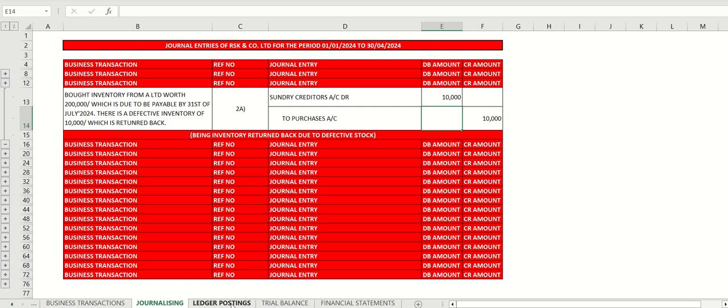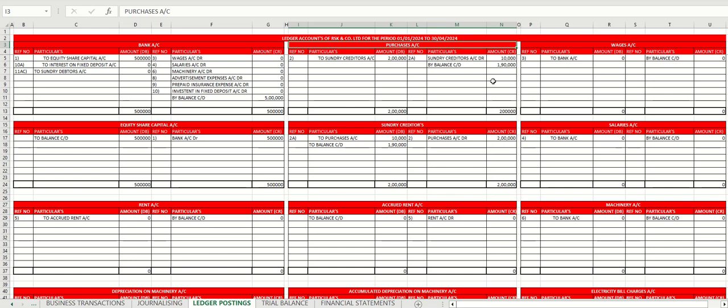If you remember, in our previous entry we have already created these two ledger accounts, so we would be posting these entries in the respective ledger accounts. There is no need to create the ledger accounts separately because these accounts already exist.